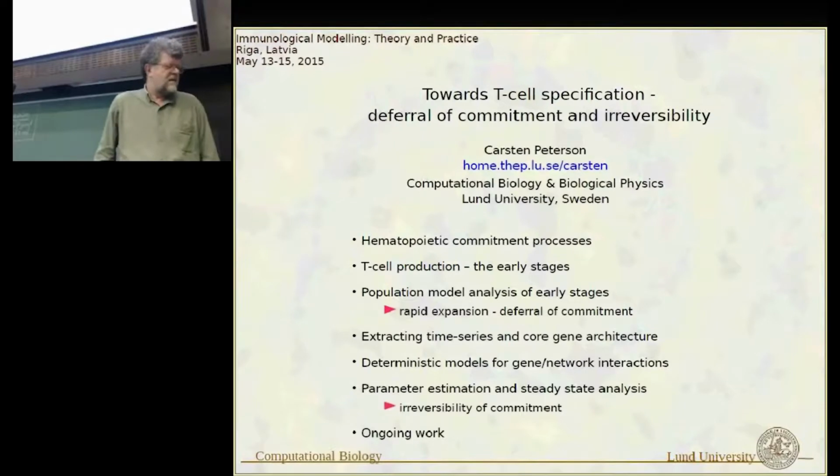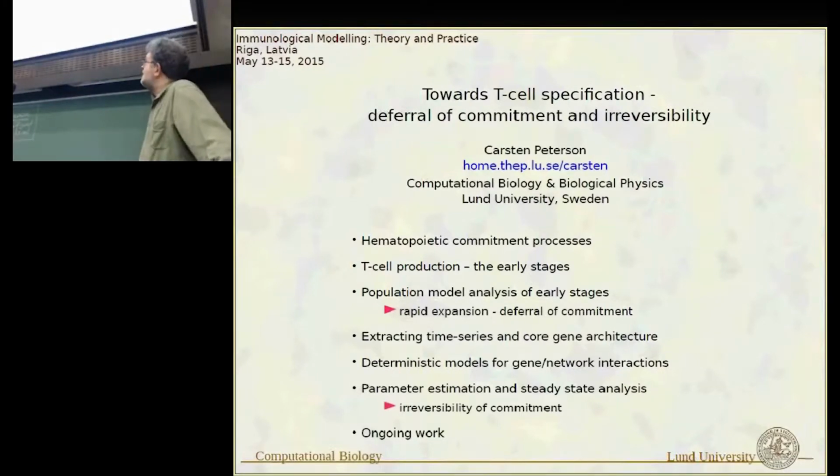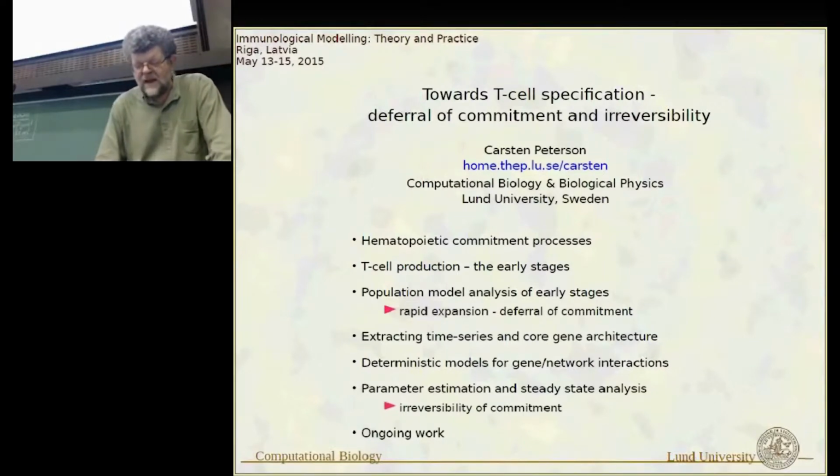And the second, which is even more my favorite topic, is when is the decision to go into the T cell lineage final? Because they can sneak out and become B cells. The tools that will be employed will be mostly deterministic ones, unfortunately, but we are working on single cell stuff as well.